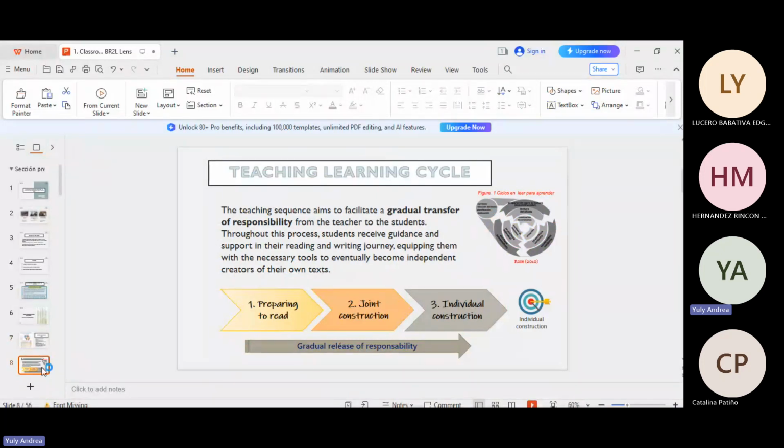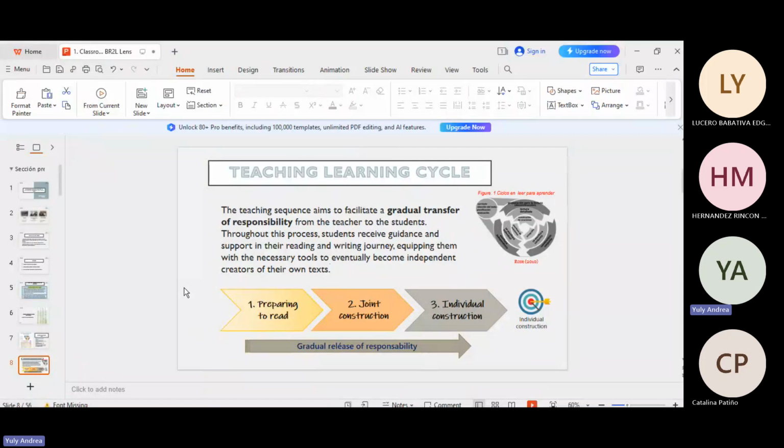Based on the text, you do a teaching-learning cycle, which is the graphic you are seeing here: first, preparing to read. After that, joint construction, and finally individual construction.